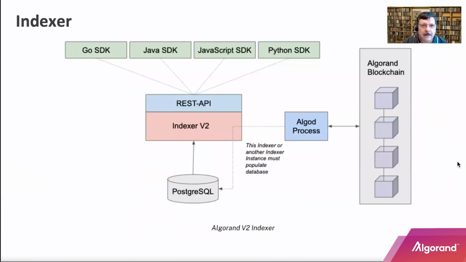Finally, we get to Indexer, which is a really great way to report. So anybody building solutions in this hackathon that pull data from the blockchain, like reports or dashboards or things of that nature, this is what you'll want to use. It provides support for all 4 built-in SDKs supported by Algorand: the Go SDK, Java, JavaScript, and Python. There are more SDKs in the ecosystem: C#, Dart, many more.